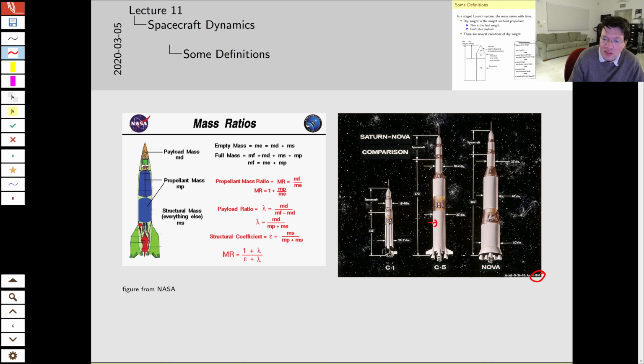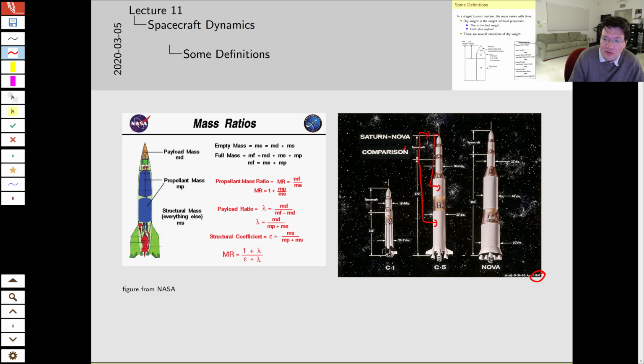There's the first stage. It's a rocket. Its payload is everything above it. There's a second stage. Once you've ditched the first stage, its payload is everything above it. This one's payload is everything above that.